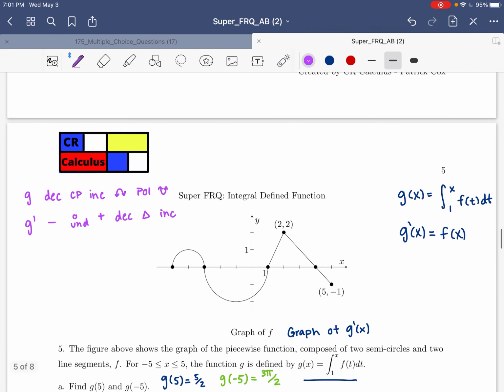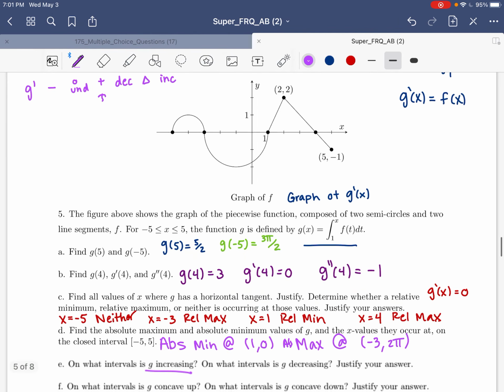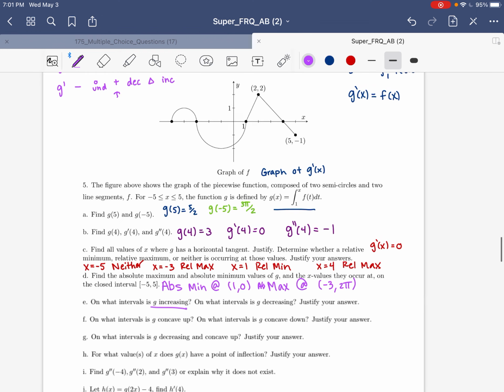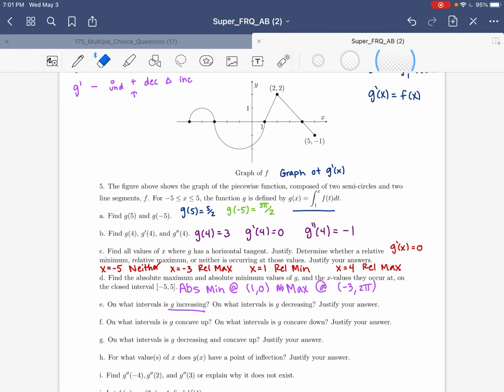So if we want to know where G is increasing, that's going to be everywhere where G prime is positive.